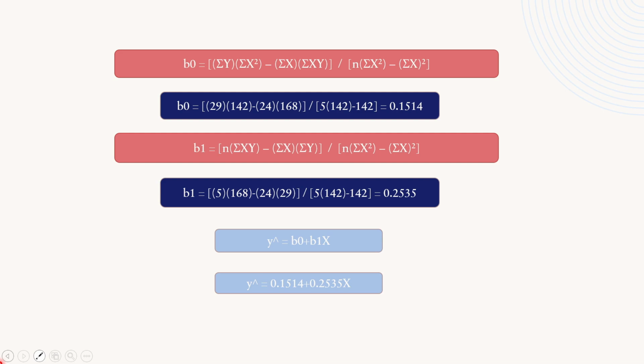For calculating b0 and b1, there are formulas. b0 equals sigma y into sigma x square minus sigma x into sigma xy, divided by n into sigma x square minus sigma x whole square. On calculating, b0 is equal to 0.1514. Similarly, b1 is also calculated. Here the straight line is y equals b0 plus b1x. On substituting the b0 and b1 values, we get the final straight line.